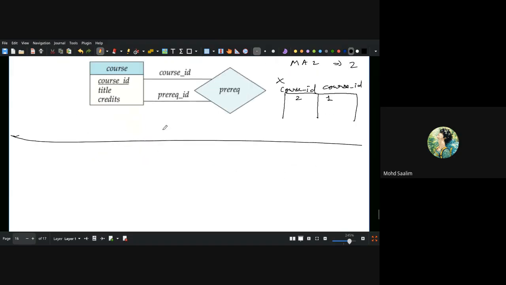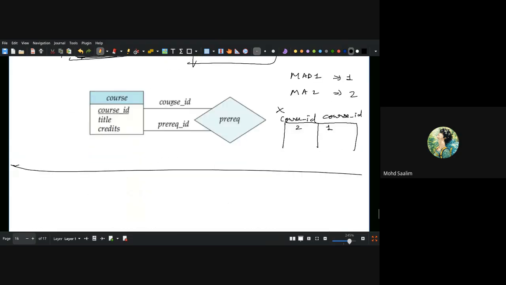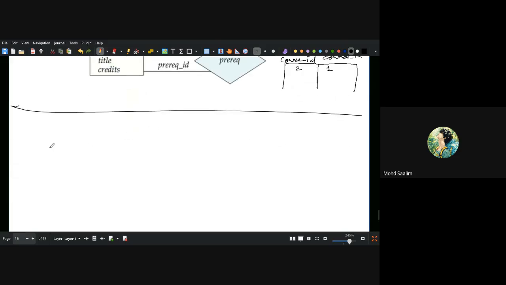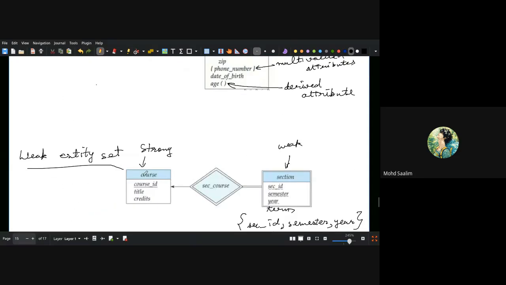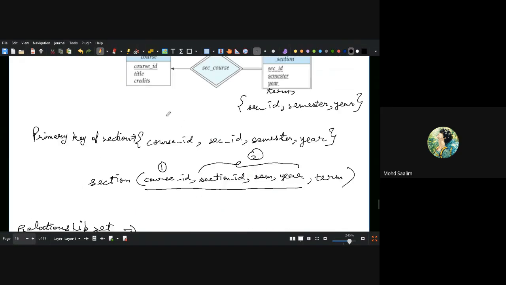You see, currently we were seeing only binary relationships. What do I mean by binary relationship? The relationship between only two entity sets. So this is a relationship between course and section, only two entity sets, right? But it is not a hard-coded rule that there will be only binary relationships.